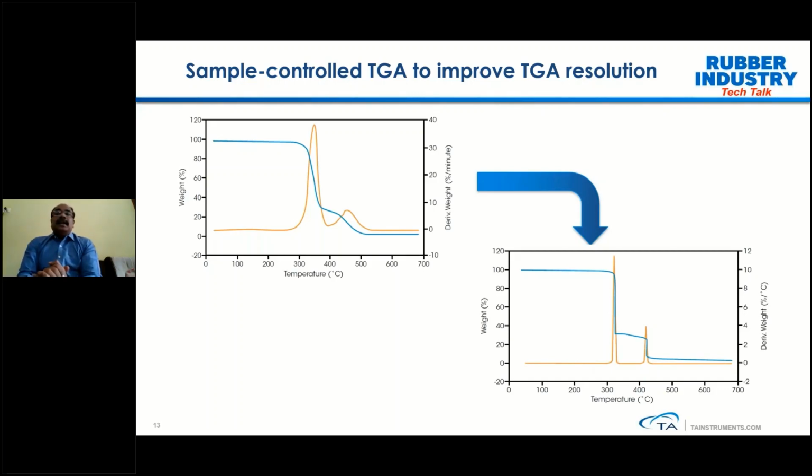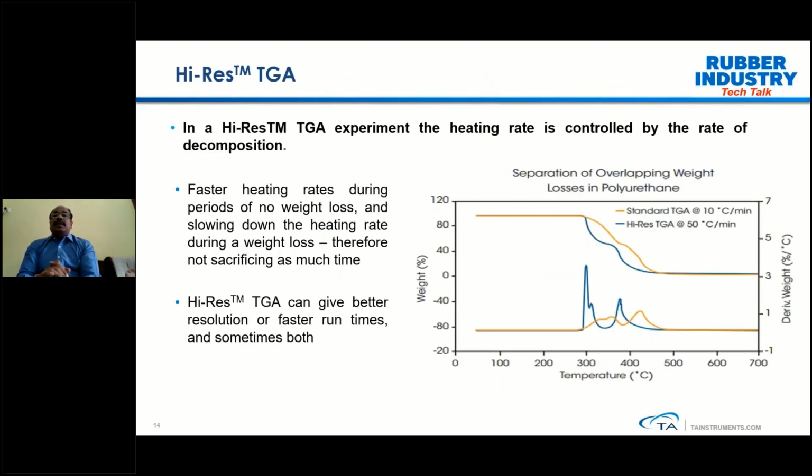Here you can see an example for polyurethane samples. Just for the information, we took a polyurethane. If you see the decomposition, the standard heating, the orange color curve, the standard heating rate is 10 degrees centigrade per minute. The high resolution TGA is starting at 50 degrees centigrade per minute.